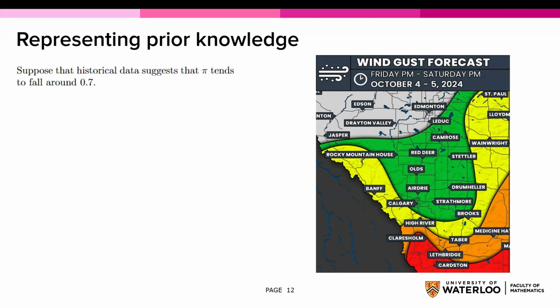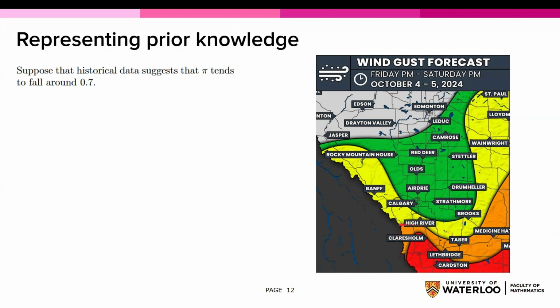So for example, maybe long-term climate data for the location in which our wind ball operates shows that 70% of October days have wind speeds greater than 25 kilometers an hour. In this case, we wouldn't want to start our estimate from scratch. We'd want to anchor our estimate of pi to something close to around 0.7.